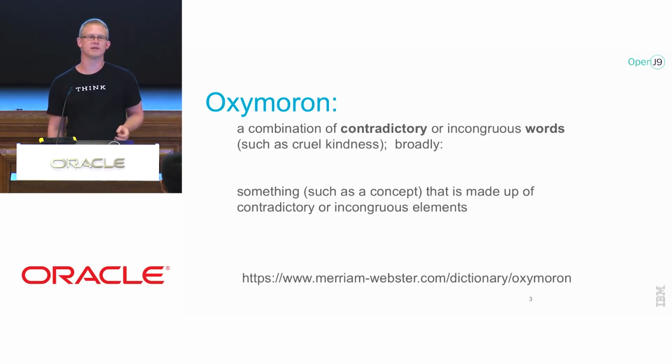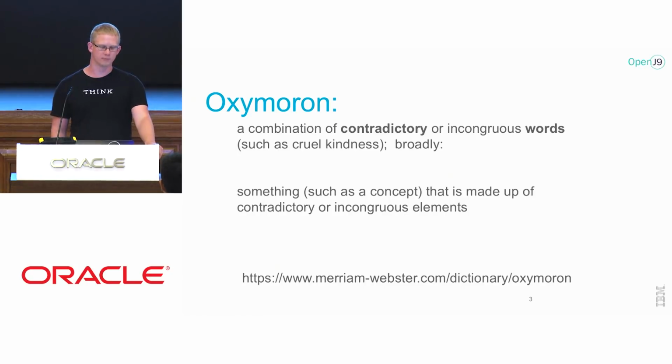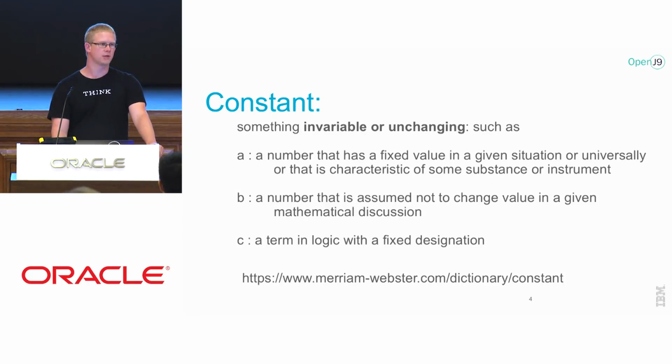So time to start by defining some terms. All right, our title says oxymoron, but if you're not familiar with that, it's a combination of contradictory or incongruous words, such as cruel kindness. And then we have the term constant, which is something invariable or unchanging, such as a number that's fixed, a mathematical constant, things that aren't going to change.